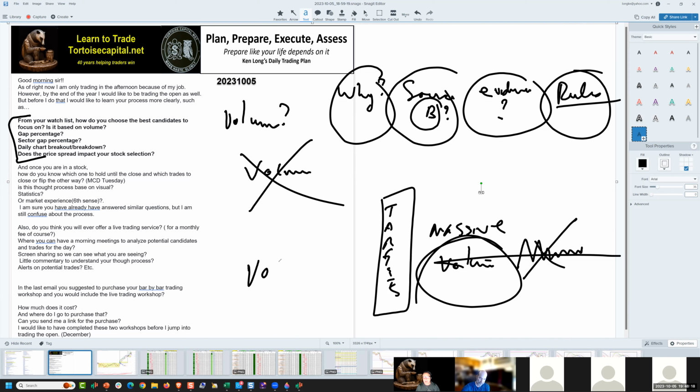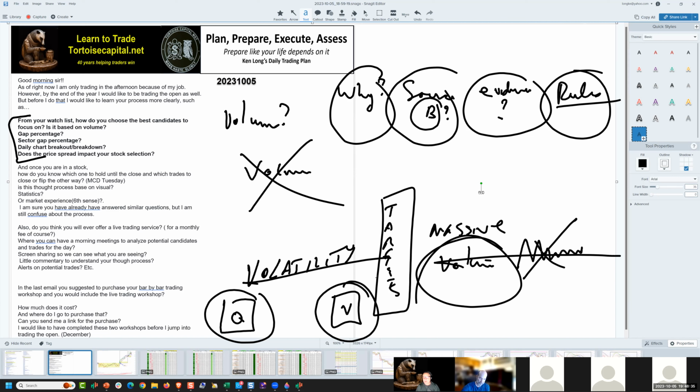I spend my time on volatility. I'm much more interested in looking at things that are abnormally quiet or abnormally volatile from the previous day and focus on those, because they are much more likely to give surprise moves.